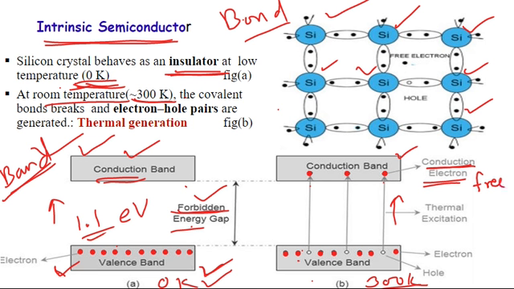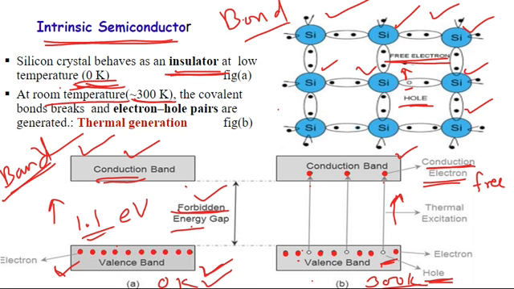So after leaving the valence band, these electrons leave a void space inside the valence band, that is called the hole. It can also be explained with the bond diagram. Whenever temperature increases, your covalent bond is broken and an electron moves out of the covalent bond, leaving behind a hole and becoming a free electron.